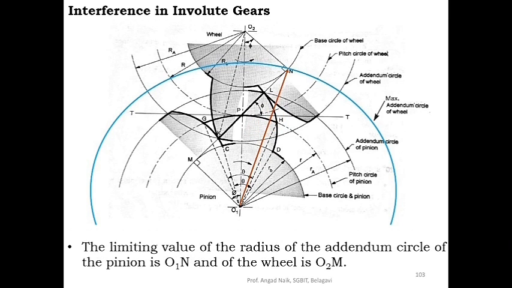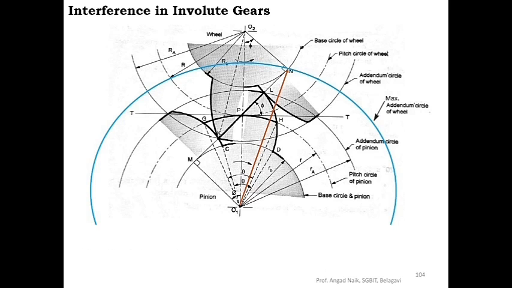So the limiting value of the radius of the addendum circle of the pinion is O1N, and that of the wheel is O2M. These are the outermost conditions, the boundary conditions.